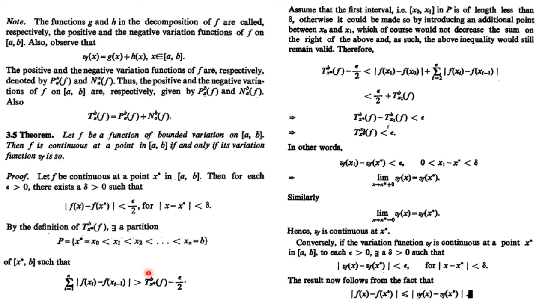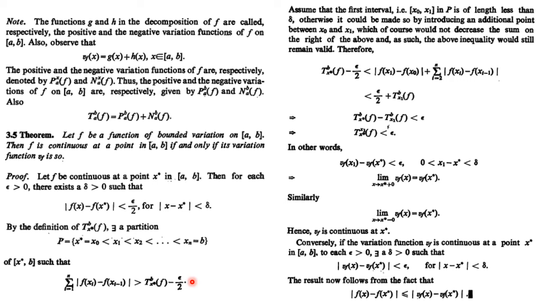This is just by the definition of supremum. Since we know that this total variation is the supremum, if we subtract some positive number from it, then this will not be the supremum. That means there exists some variation which is greater than supremum minus epsilon by 2.